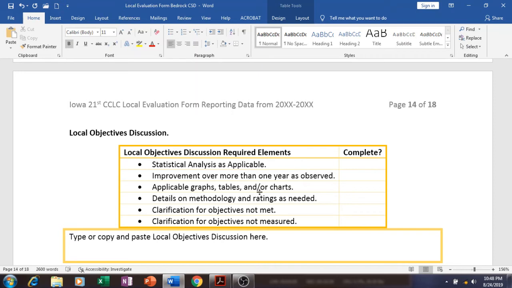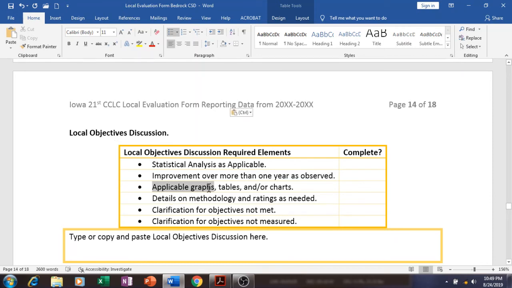And any evaluator should be able to handle doing statistical analysis. Some things you might want to point out is perhaps you are measuring improvement over more than 1 year. A longitudinal study. You should talk about that in the discussion. That's going above and beyond what the USDOE is expecting.